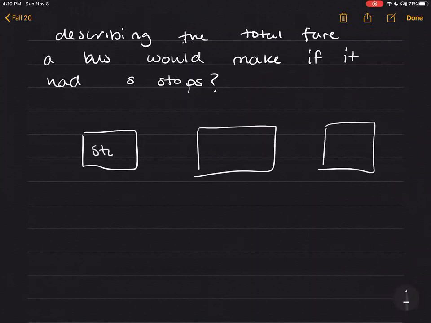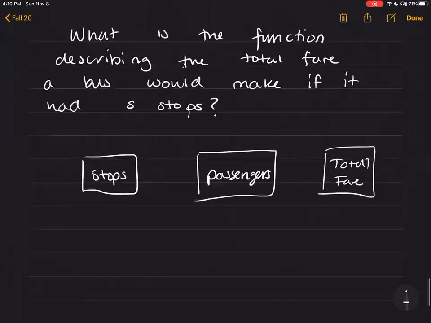So we have stops, passengers, and total fare. And what we saw up above is that big F translates how many passengers we have to the total fare we expect. And our P function that the Public Transit Authority came up with translates how many stops we have in the bus loop to how many passengers we expect to see.